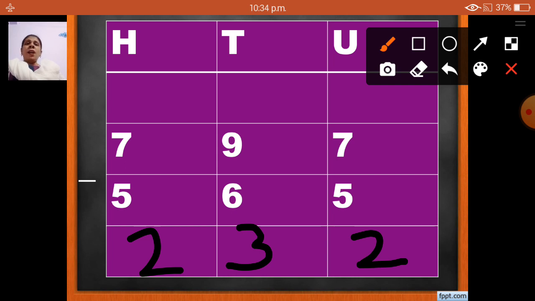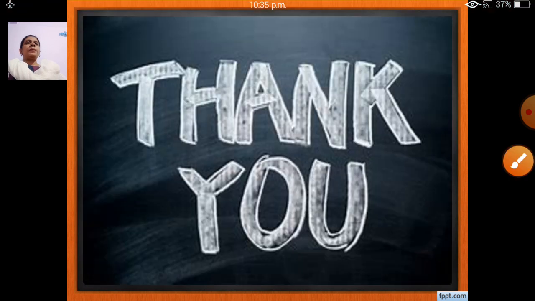But if a bigger number has to be subtracted from a smaller number, then we need to borrow it and then we need to carry it. Understood, children? What is the difference between without borrowing and borrowing? Understood? Okay. So with this, children, I finish today's session of subtraction by borrowing part 3.